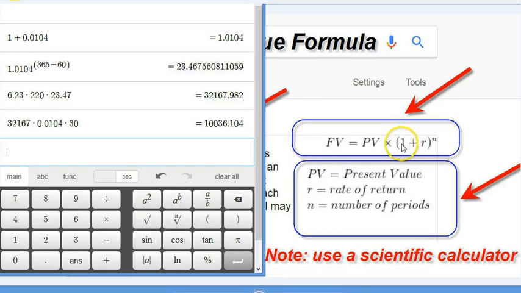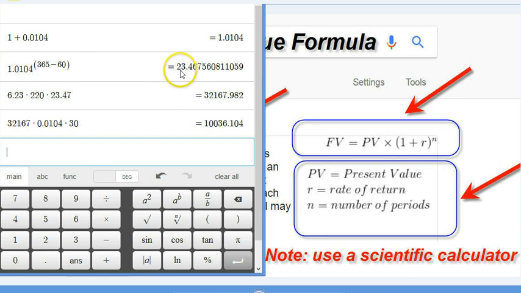And you add 1 to that, so 1 plus that number would be 1.0104. Okay, so now you plug that in here, 1.0104. Let's say this happened and already 60 days have passed, so you have 365 minus 60, or 305 days. That's what you have left that this will compound.